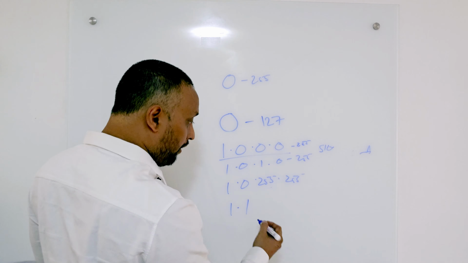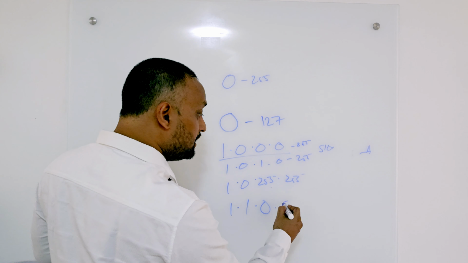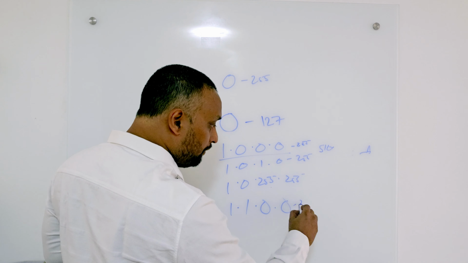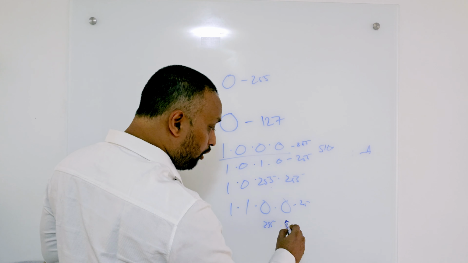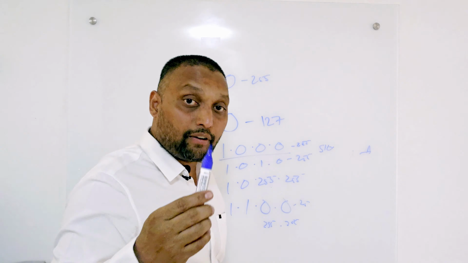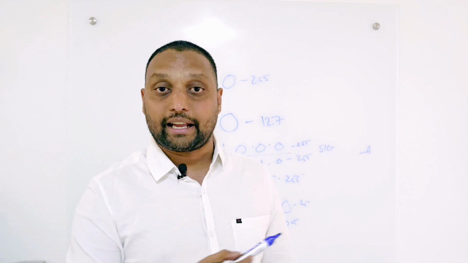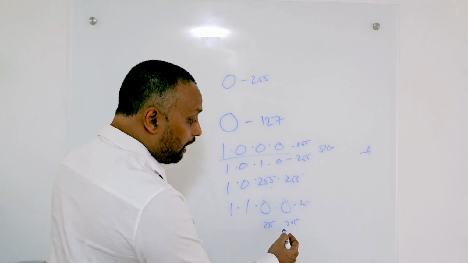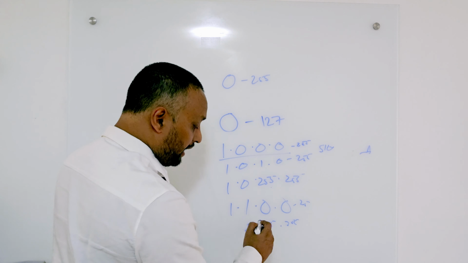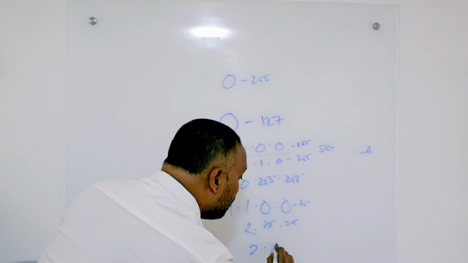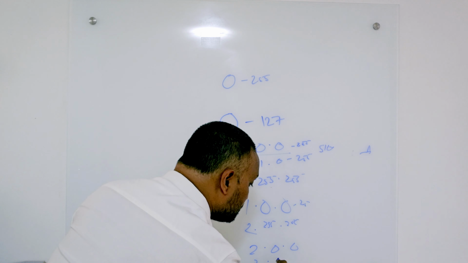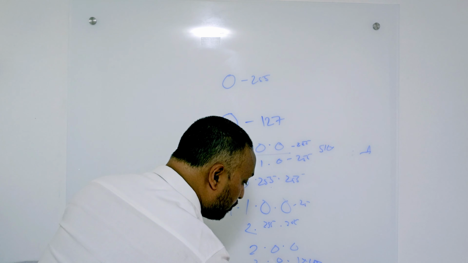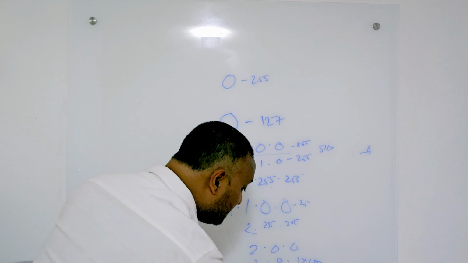This 0 will become 1, and then this will become 0, and then this will become 0. Again I will have an option to give IP addresses here up to 255, and then here up to 255.255, which is almost 65,536 machines I can allocate for a single number if I change it here. After this I will change this to 2, and then again 2.0.0, and then 2.0.1, and this will go up to 255, and then it will become 1, and then it will go up to 255, and then this will become 3.